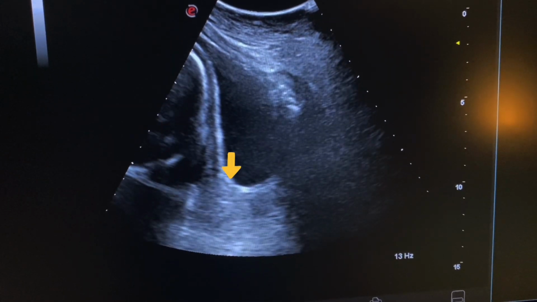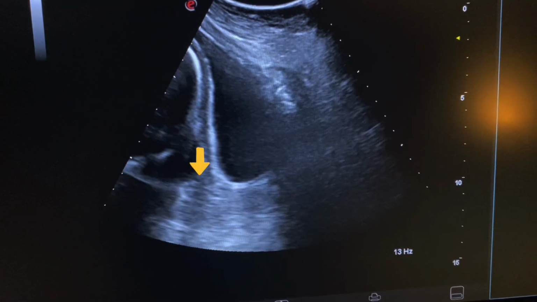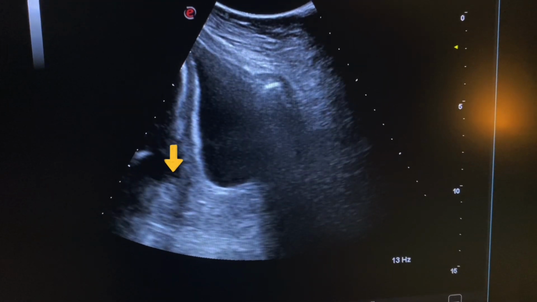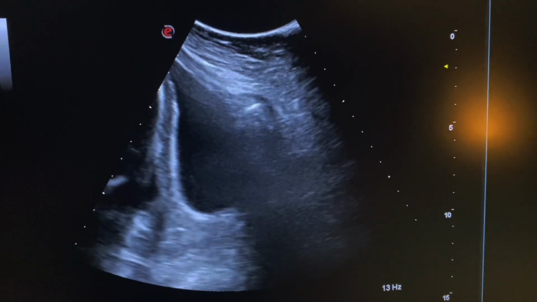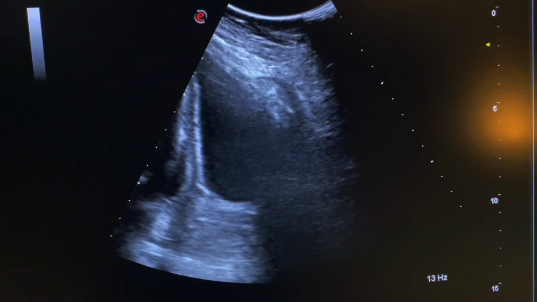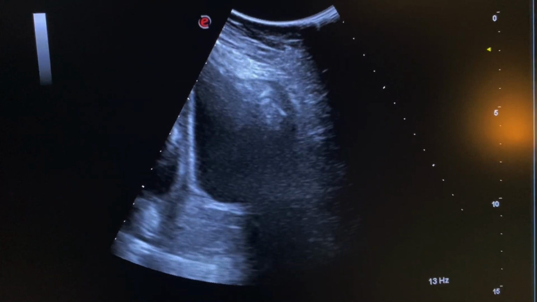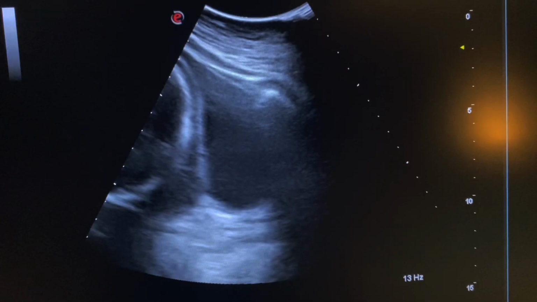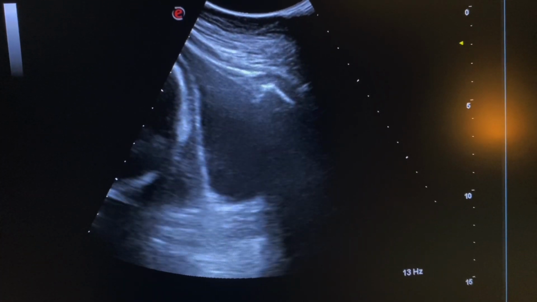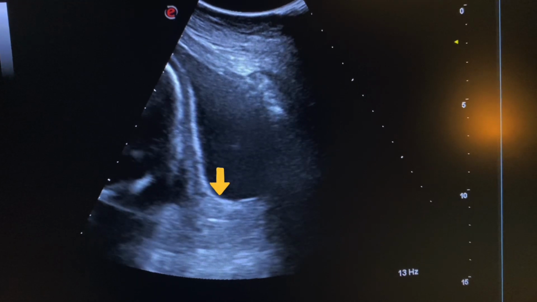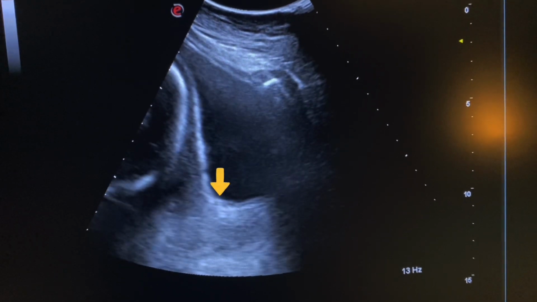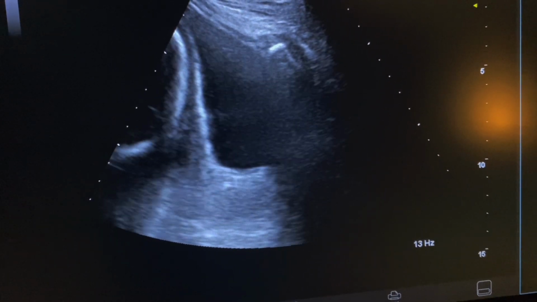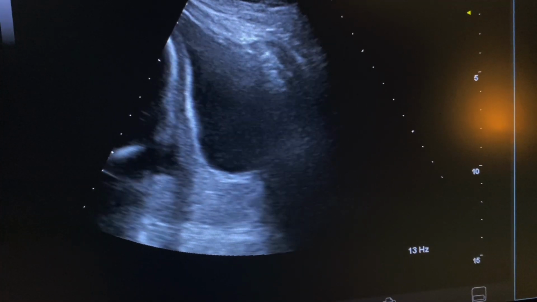Now we will scan the cervix and see whether it is closed or open or competent. The normal cervical length is between 2.5 centimeter to 4 centimeter. For cervical length measurement, the bladder of the patient should be partially filled, as the cervix lies posterior to the urinary bladder.